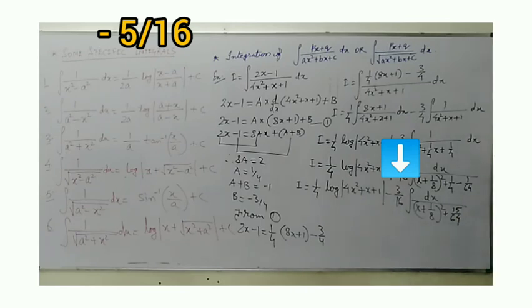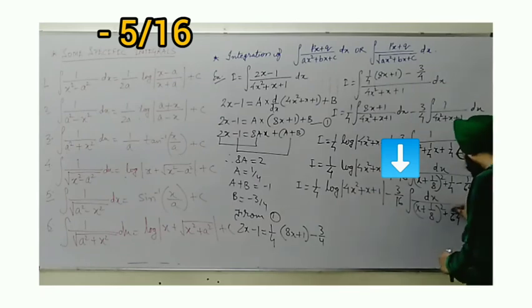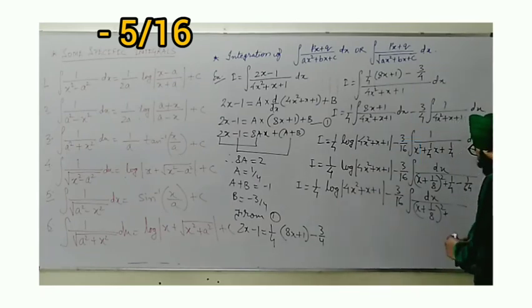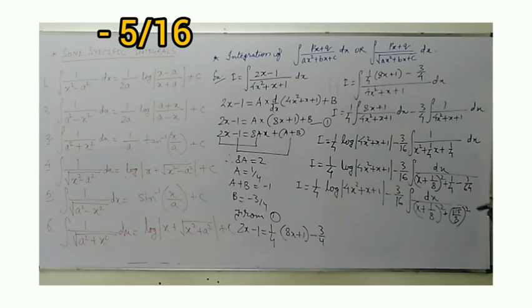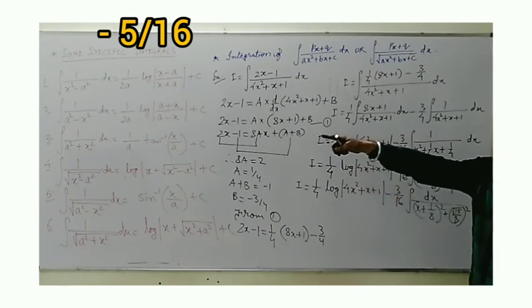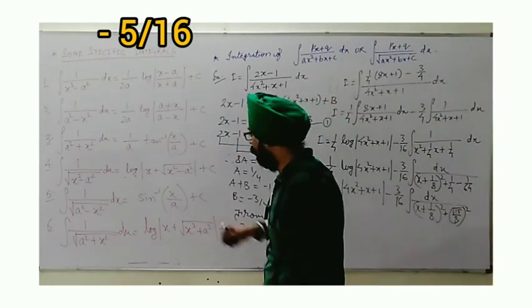This is 15 upon 64, which can be written as root 15 upon 8 whole square. So directly we can write here without delay. This will be root 15 upon 8 whole square, and if I compare this to the identity, this is a square plus x square. You can see identity number 3.